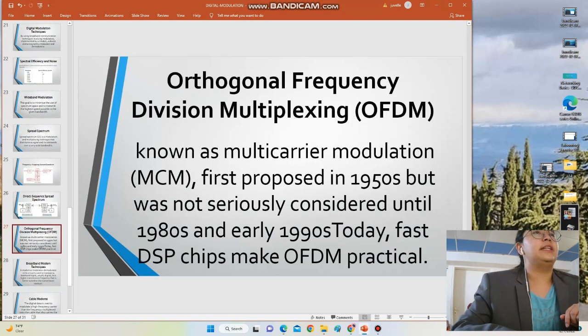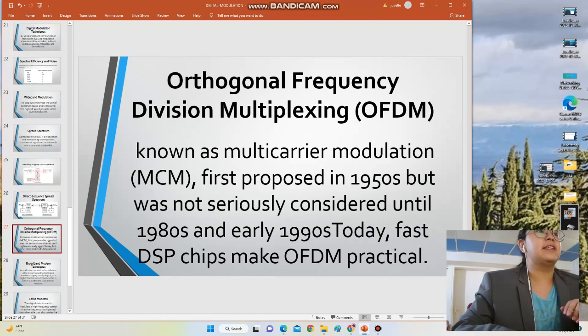So orthogonal frequency division multiplexing or OFDM. OFDM is known as a multi-carrier modulation, MCM. It was first proposed in the 1950s but was not seriously considered until the 1980s and early 1990s.